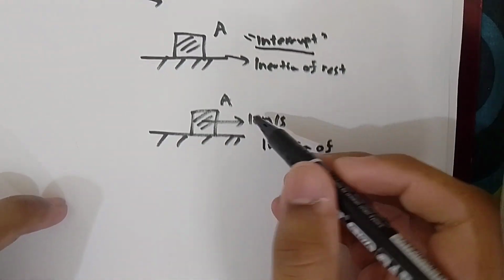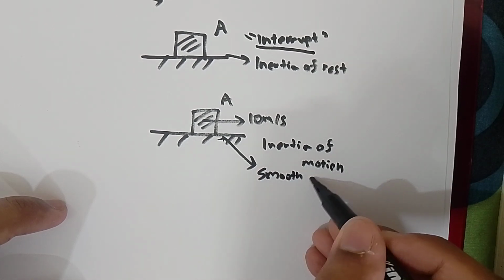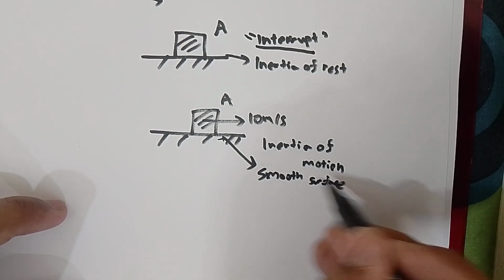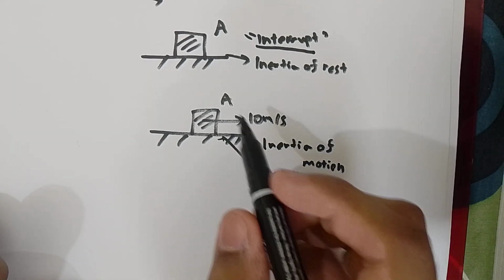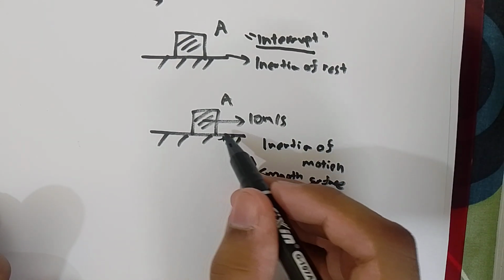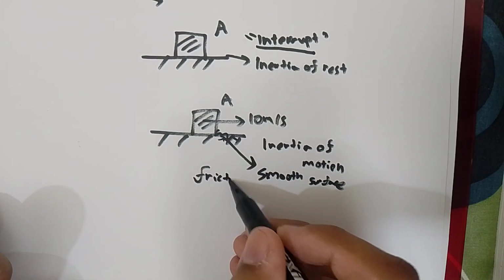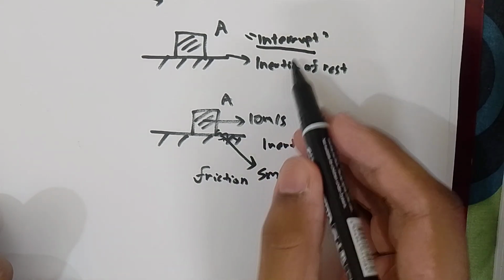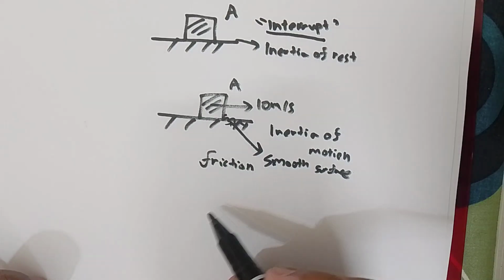So what happened was that in an ideal case, we would have a smooth surface, and this thing would have kept on moving at the same velocity forever. But in real life, we don't have smooth surfaces, and friction happens. Friction is basically an interruption, and it causes this thing to slow down and eventually stop.